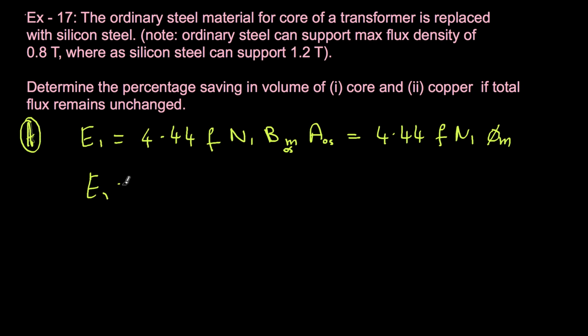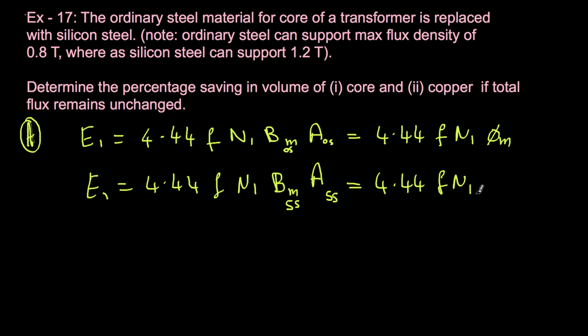So again I write 4.44 F N1, now I am replacing the core material. Therefore my flux density maximum is for silicon steel, SS, from ordinary steel to silicon steel. So my area of cross section should reduce in order to maintain the same phi m. So this phi m is the same.